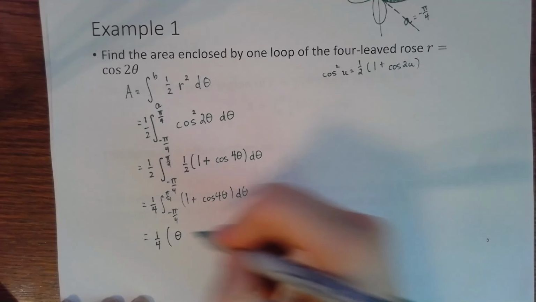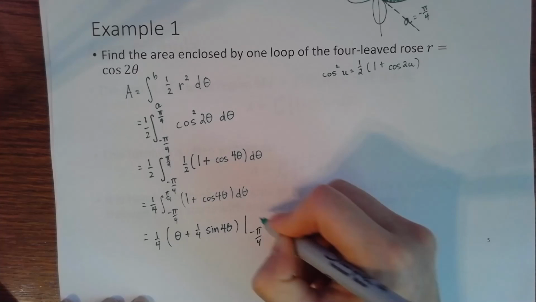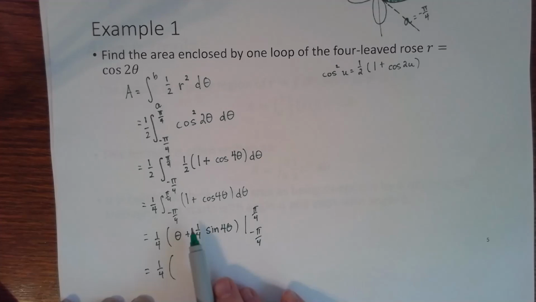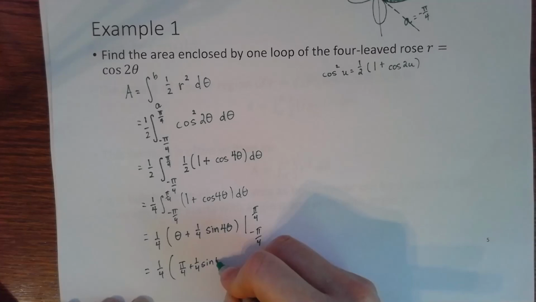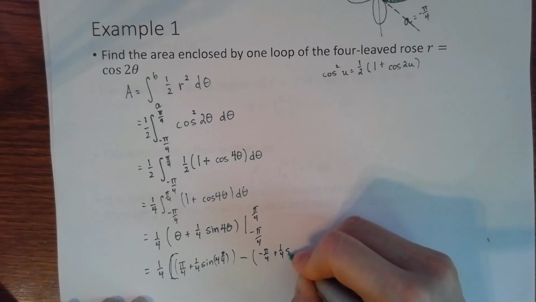When we put pi over 4 in there, we get pi over 4 plus 1/4 the sine of 4 times pi over 4, minus negative pi over 4 plus 1/4 the sine of 4 times negative pi over 4. The sine of pi is 0, so this is pi over 4 plus 0.